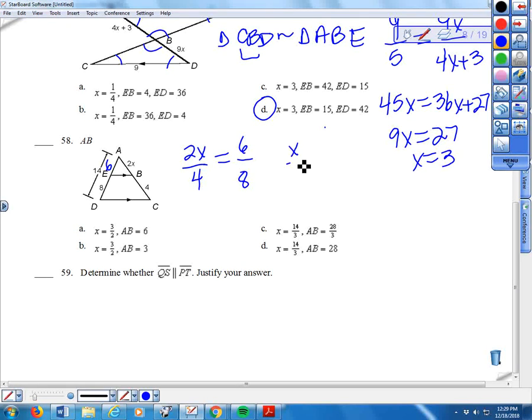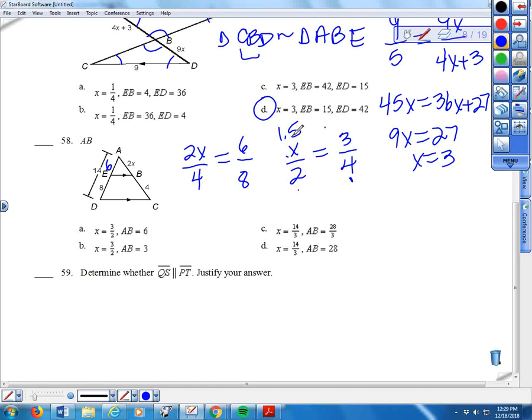X over 2 equals 3/4. 2 times 2 is 4. So this is 1.5. 3/2. And what else am I looking for? AB. If it's 3/2, that's what? 3 plus 4. I get 7.